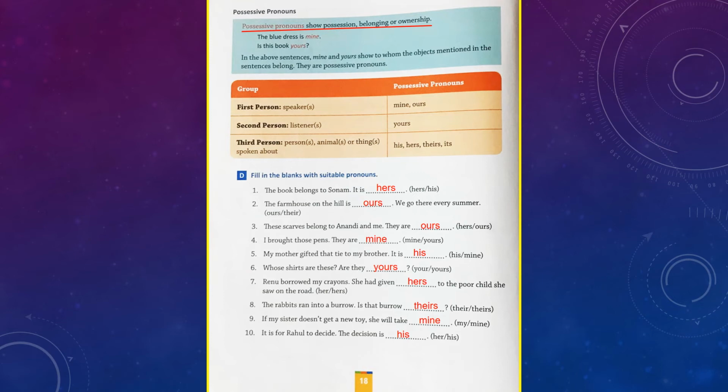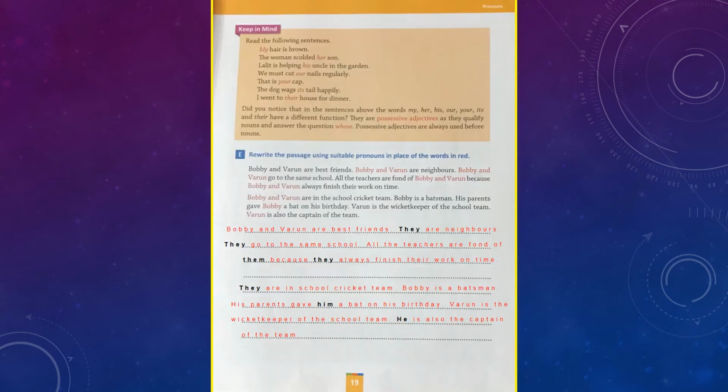Okay, so this was exercise D on page number 18. Let's move on to page number 19 with other pronouns. Right, so on page number 19, they have given us a passage. In this passage, they have highlighted a few words in red.